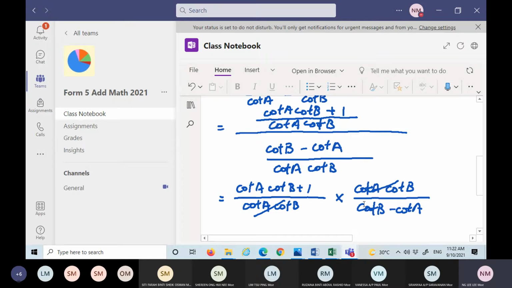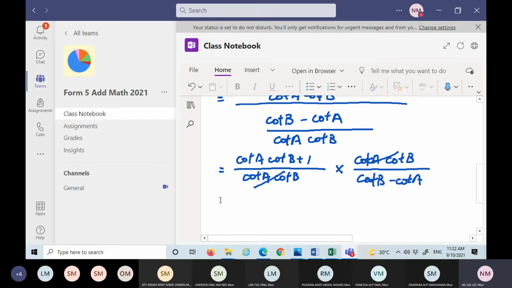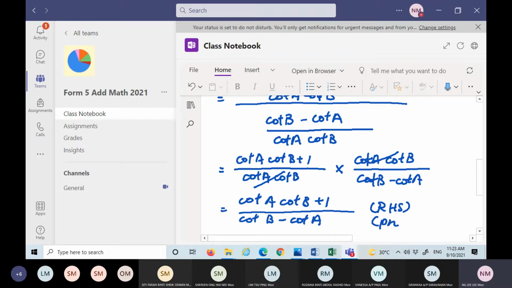I think this is your answer already. Cotangent A, cotangent B plus 1 over cotangent B minus cotangent A. Okay, so it's proven. Okay, this is the one on the right hand side. Right hand side. Okay, so proven. Okay, so this is for 1D.